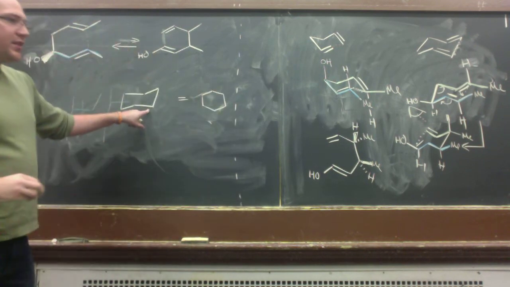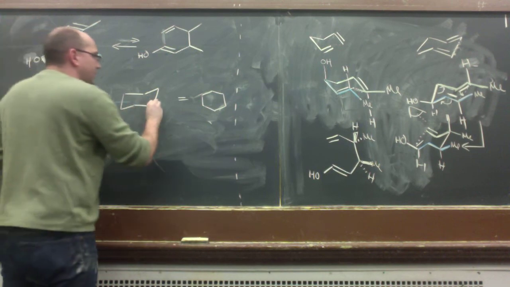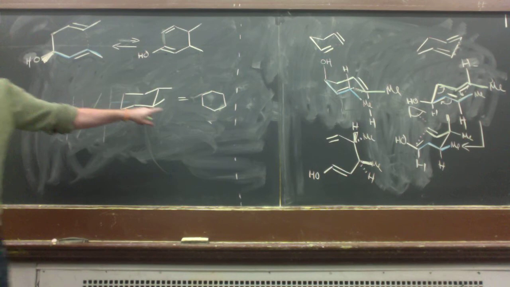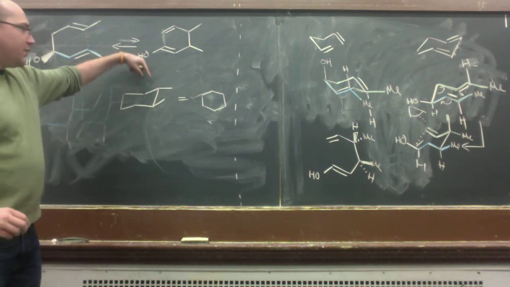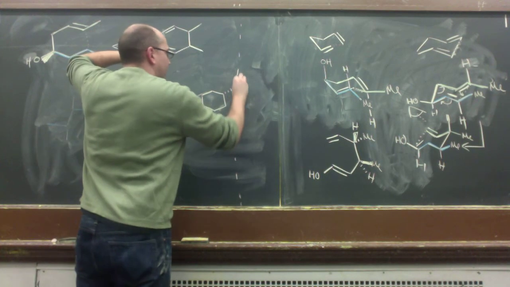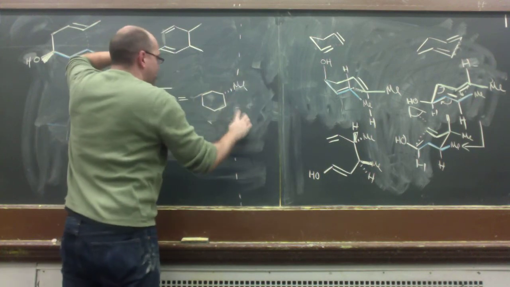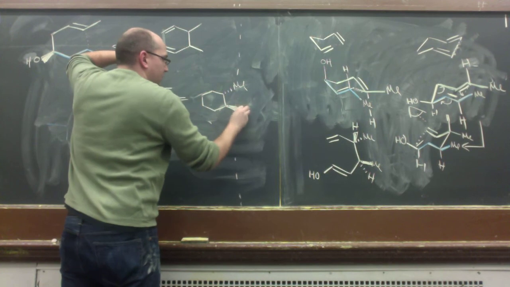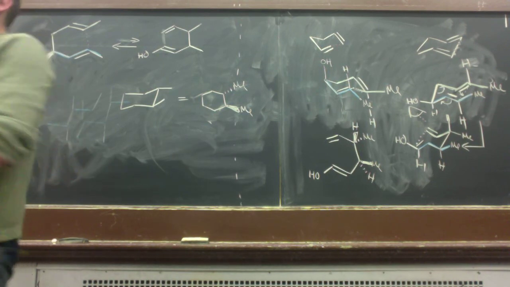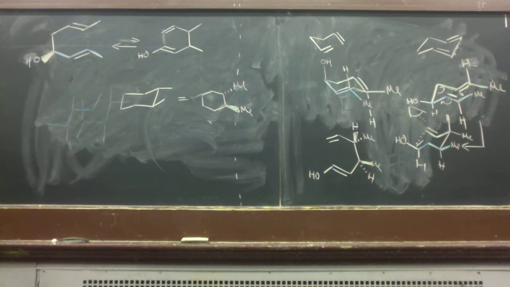But if you think about this as just a standard chair question, and I was to ask you to draw this molecule over here, you do the same thing. You would look at this molecule and say, okay, this methyl group is going back, and this methyl group is coming forward. It's the same kind of concept. It's just that instead of drawing a 6-membered carbocycle, we're drawing this transition state, which happens to be in the chair conformation.